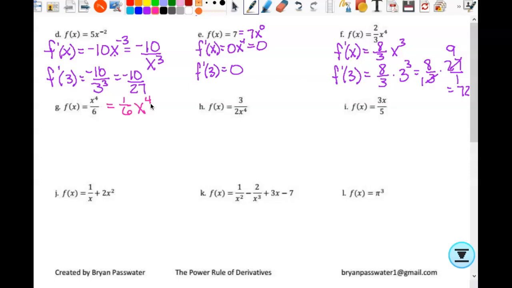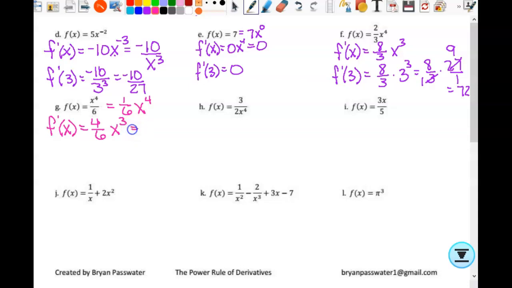Okay? So here, now that I have it like this, f prime of x, I multiply 4 times 1/6, which we can write as 4/6 times x to the what? 3rd. Now, leaving it as 4/6, not the end of the world, and not wrong in the calculus world, but usually it makes it a little bit easier for you to use if you actually reduce it.